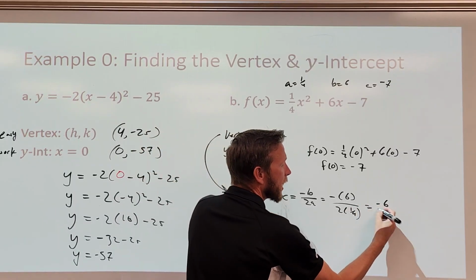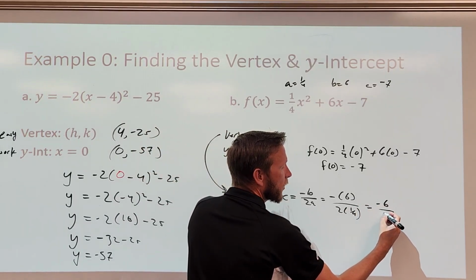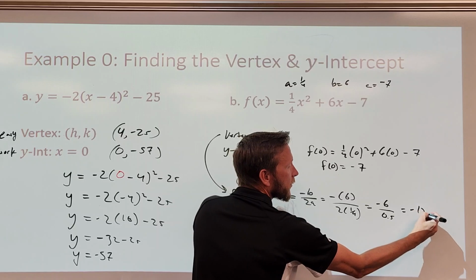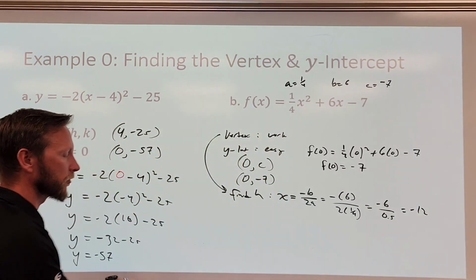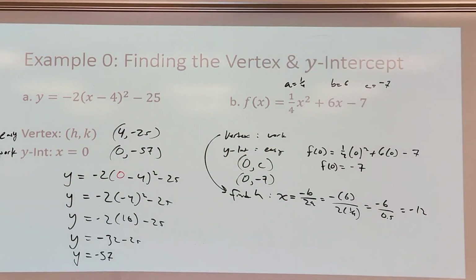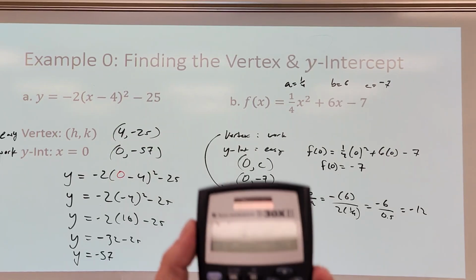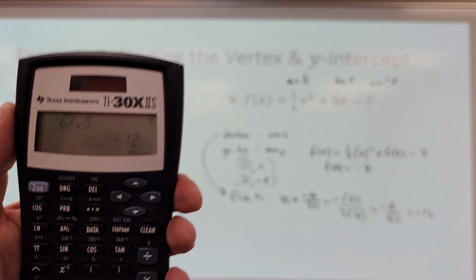So we end up with negative 6 divided by 1/2, which is going to give us negative 12. And you can confirm that if you use your calculator. Negative 6 divided by 1/2 is going to give you negative 12. Yay.